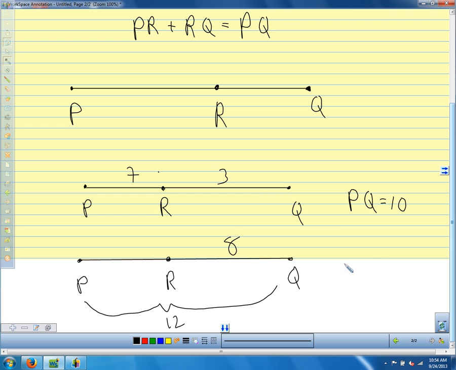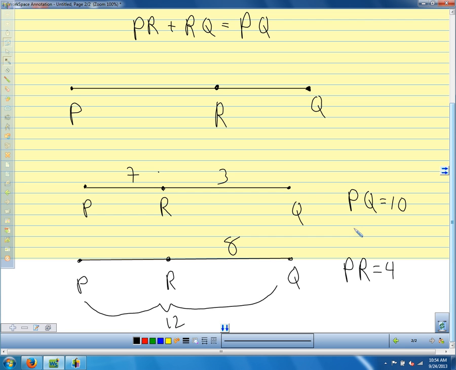How long is segment PR? PR has to equal 4. The two pieces have to add up to the big piece. So that's what the segment addition postulate is telling us. And remember here we're talking about the lengths of the segments. We're adding the lengths of the segments.